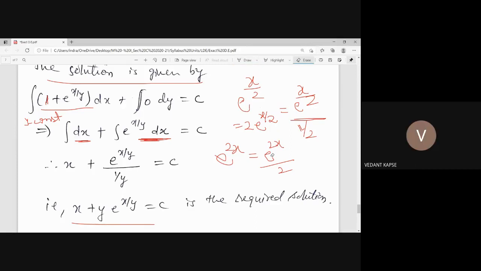Clear? So this is x plus e to the power x by y whole divided by 1 by y is equal to c. So x plus y into e to the power x by y is equal to c is the required solution.